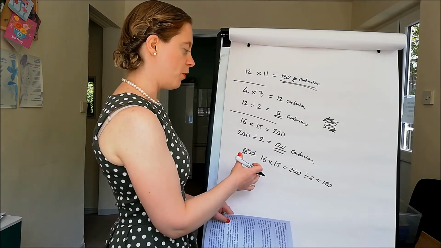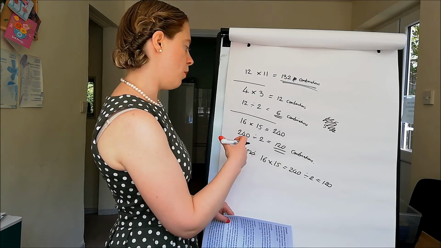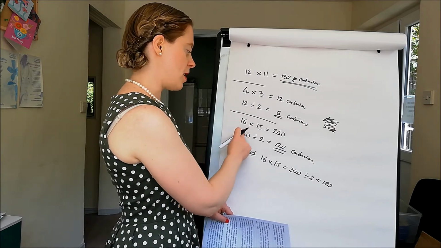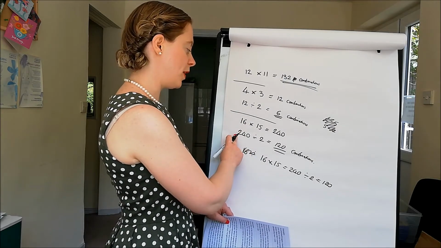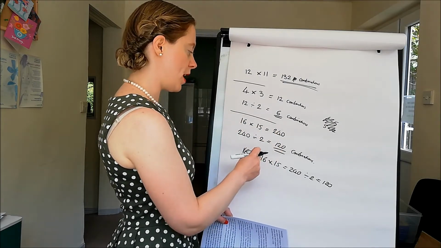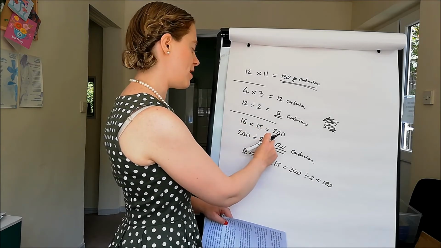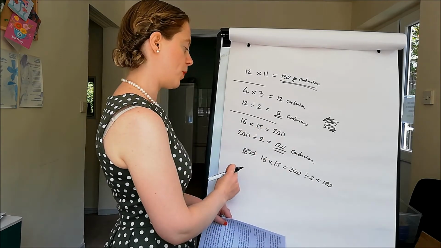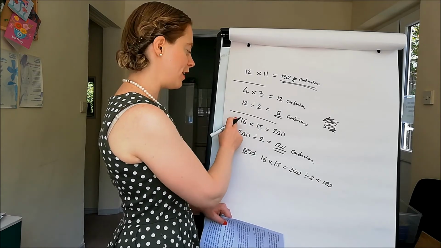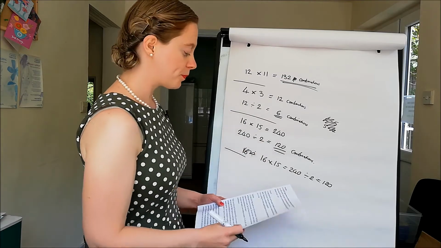But if you are going for one of the higher levels, so a 6+, and if you're wanting to do A-level in particular, then please write it as 2 separate lines, because what you're saying is 16 times 15 equals 240, new mathematical sentence, and 240 divided by 2 equals 120. So it's only a little thing, but it is an important thing, especially if you want to go on to do maths at a higher level.